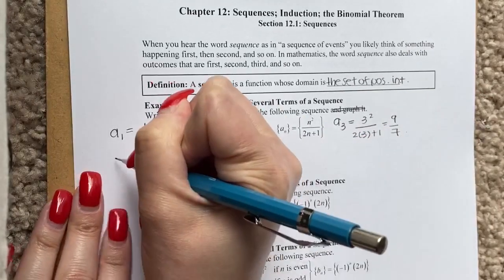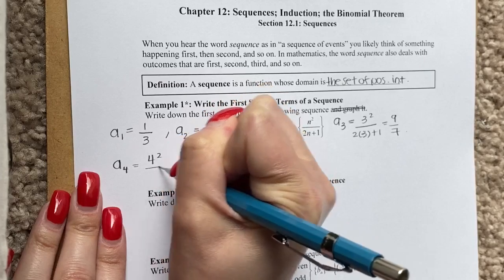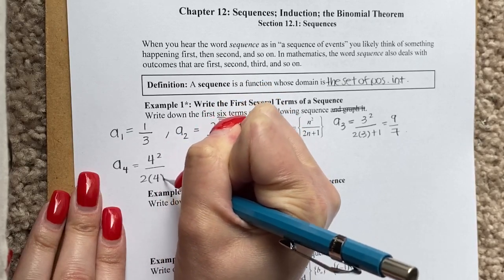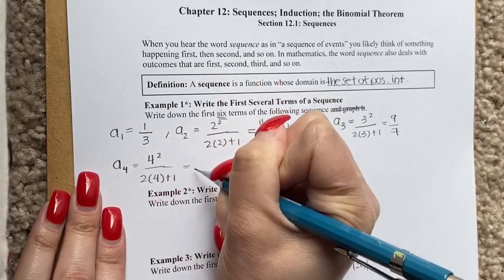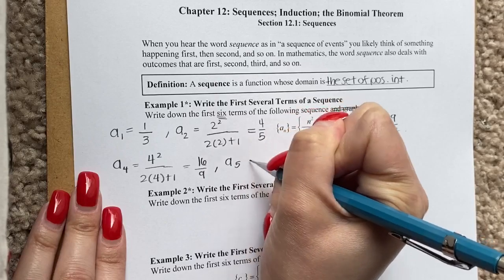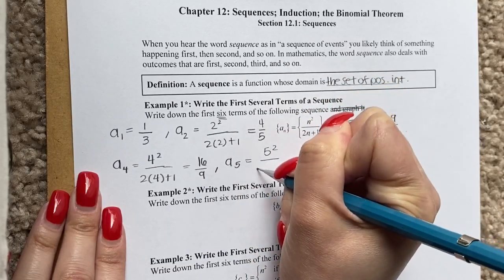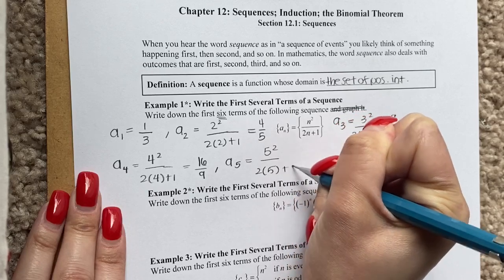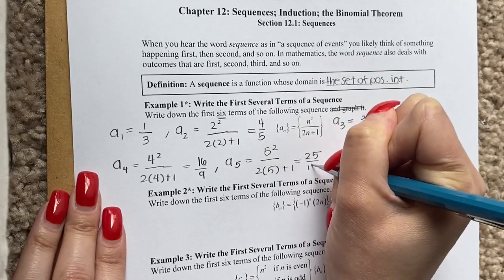Now the fourth term, you know that it's going to be 4 to the power of 2 divided by 2 times 4 plus 1, and that is going to be 16 over 9. The same way, a sub 5 is going to be equal to 5 to the power of 2 divided by 2 times 5 plus 1, and this is going to be equal to 25 divided by 11.